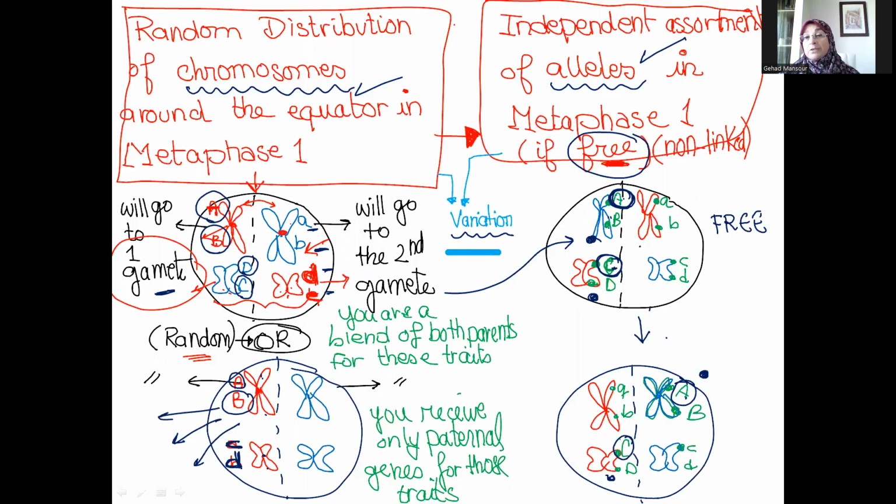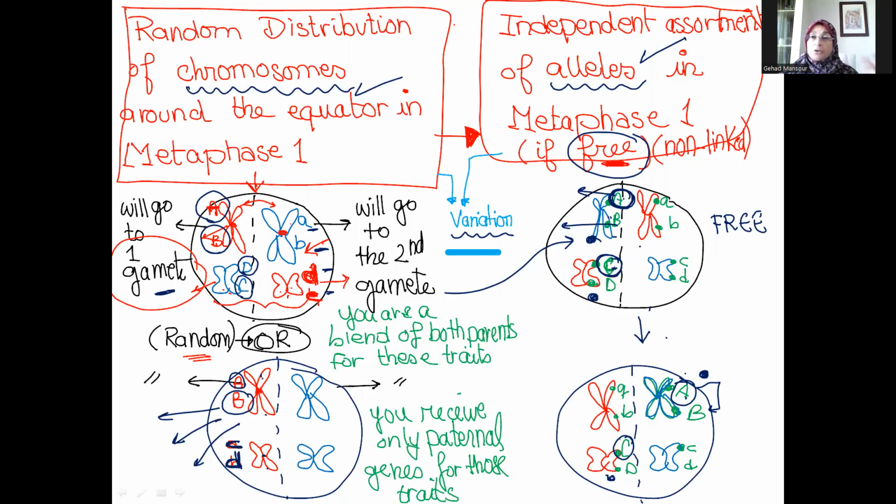But if we consider alleles that are linked, like A capital on that chromosome and B capital, they have to go together. If the chromosome is to the left, then A and B will be to the left. If the chromosome goes to the right, A and B will stay together. But this means that they are not separated from each other unless crossing over occurs.